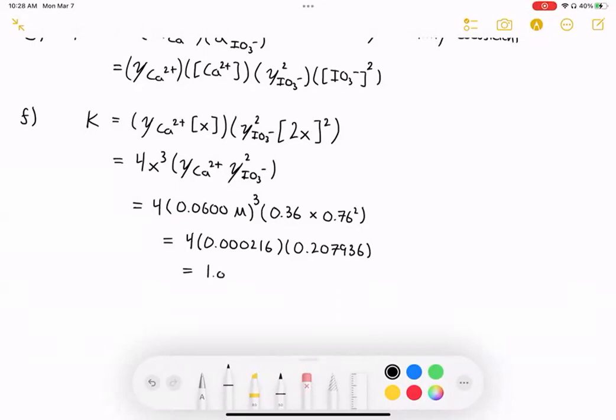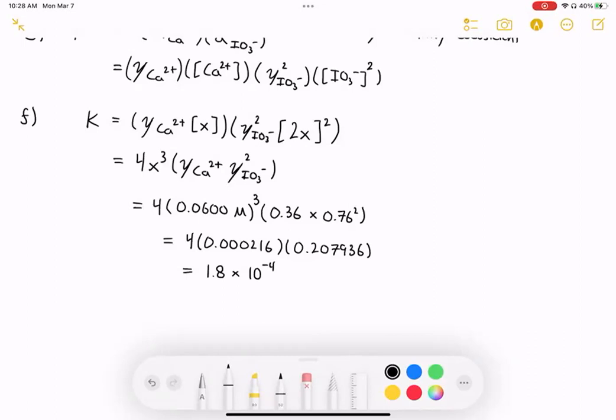Which is 1.8 times 10 to the -4. And if we look up the KSP value of calcium iodate, all right, so we're close.